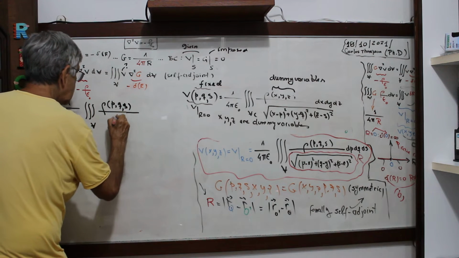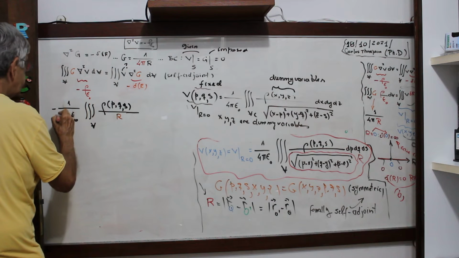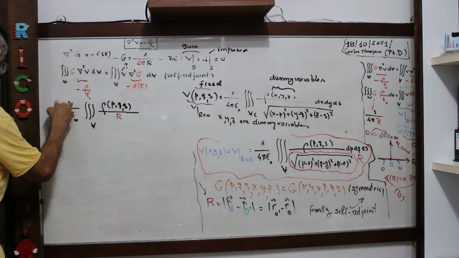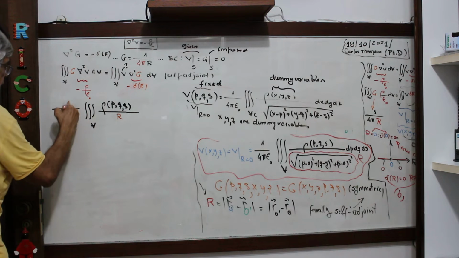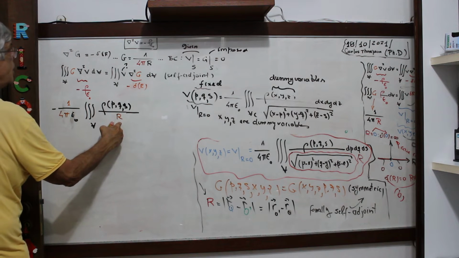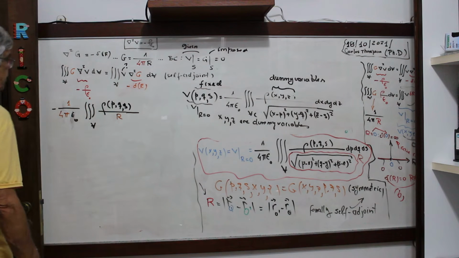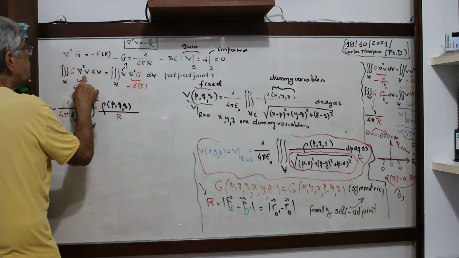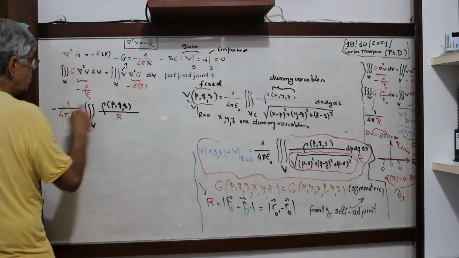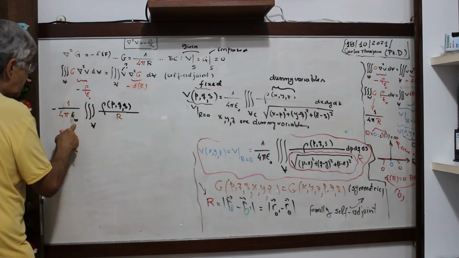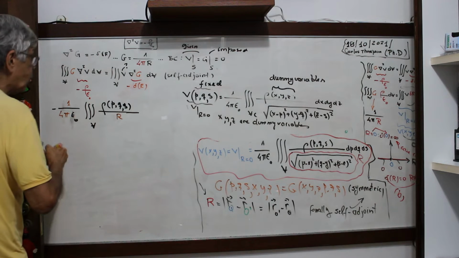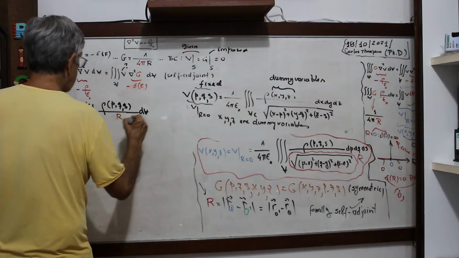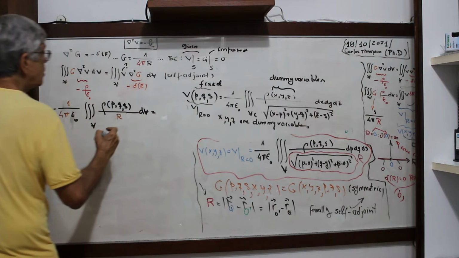This is R, this is 4 pi, 1 over 4 pi R. Look at here, it is G. Then the Laplacian of V will be minus rho divided by epsilon. So I took care of this. Now this is dV.